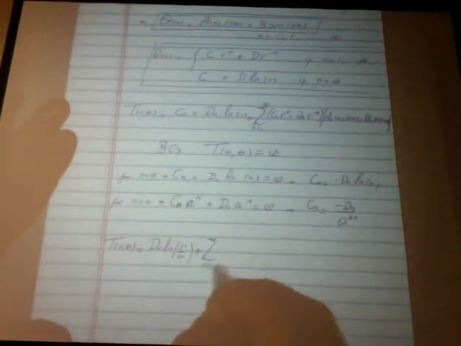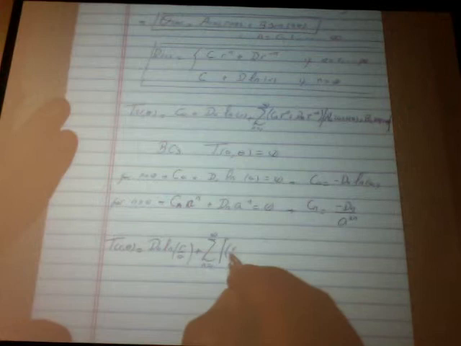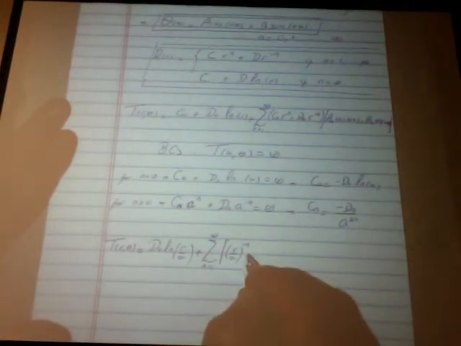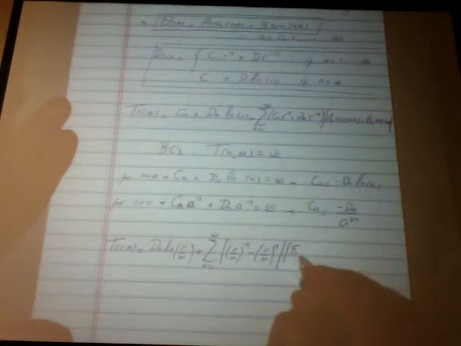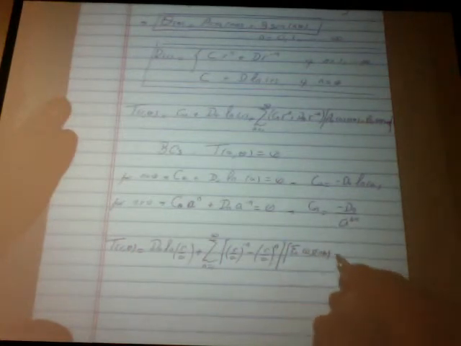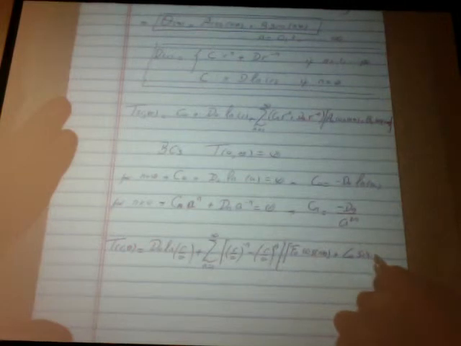And then we have Cn is equal to minus Dn divided by a to the 2n. So now we put it back together here, and we have D0, so C0 is replaced by D0 log of a. So this will be D0 times the log of r over a, plus the summation from n equal 1 to infinity of r over a to the power minus n minus r over a to the power of n, times Fn times the cosine of n theta plus Gn times the sine of n theta.